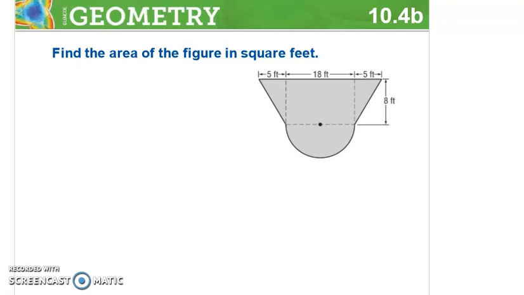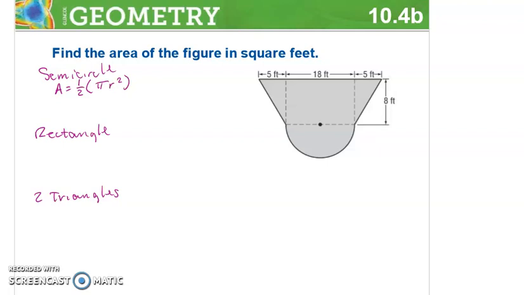All right, so what I see in here is I see a semicircle. I see a rectangle. And I see two triangles. The semicircle, the area of that will equal 1/2 of pi r squared.